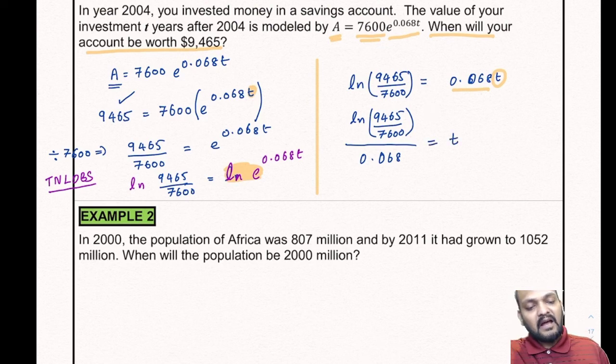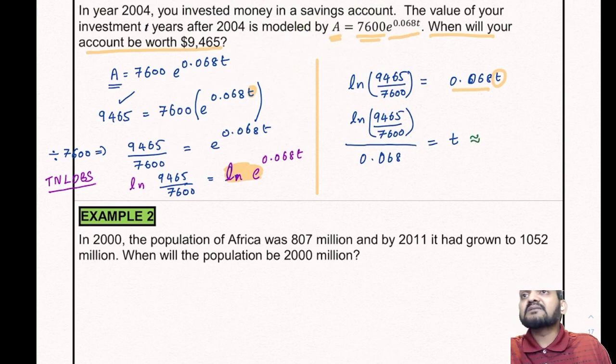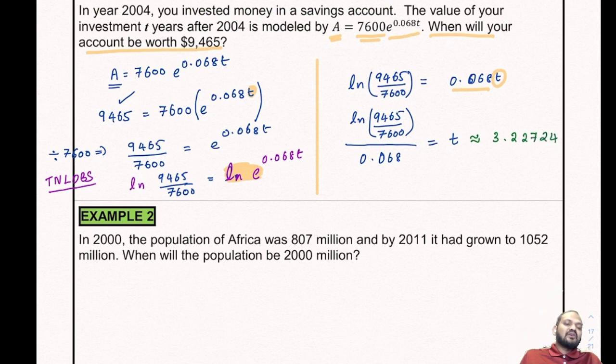If I use the calculator to simplify this, t is approximately 3.22724. So it will take almost 3 years and a quarter year, 3.25 years, almost 3 years and 3 months.